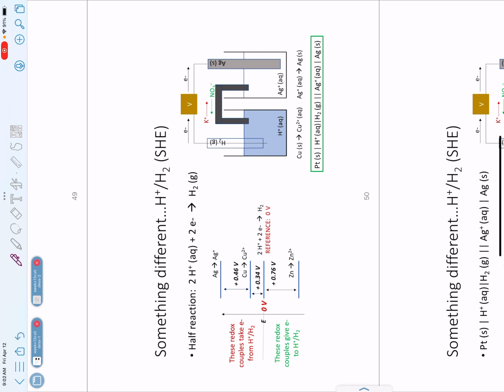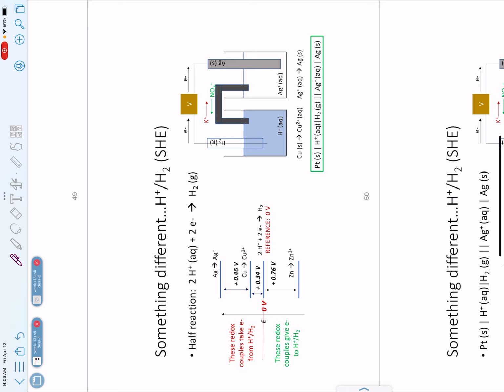We basically have a big hollow tube with what we call a non-participating electrode, something like platinum, a metal that does not corrode very well, as our electron carrier. And then we can measure how our hydrogen behaves, so I have a mixture as I go from my electrode, platinum, to hydrogen gas, H plus. Those are my phase changes. Again, don't worry about the diagram so much, but rather how you're getting from one place to the next.